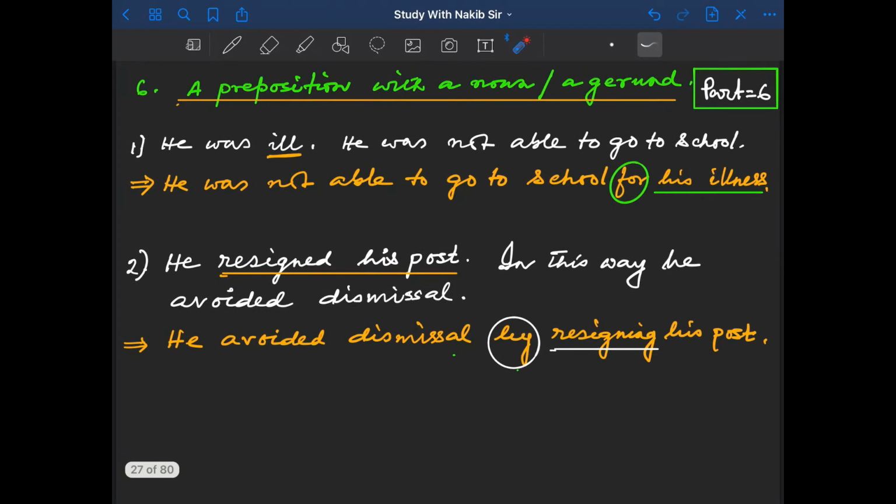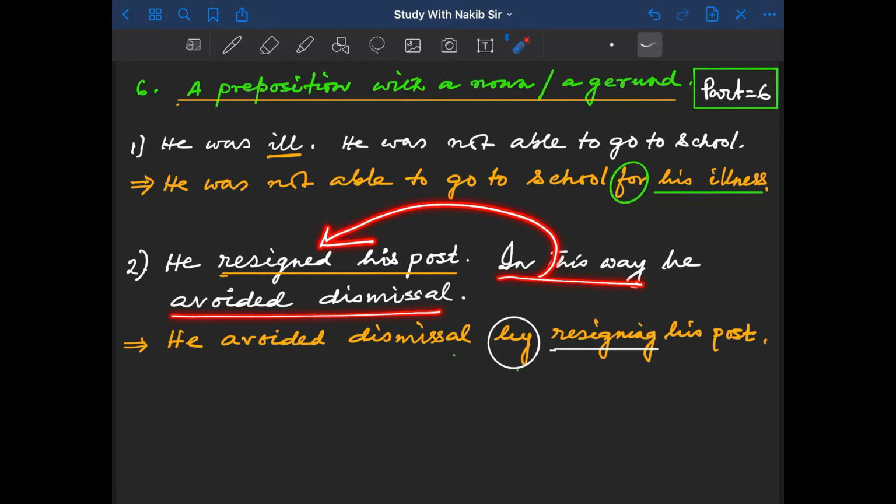Now go to the second example and see. He resigned his post. In this way, he avoided dismissal. In this way. In which way? This way. The way stated in the first sentence. Okay. So in this way, we'll write this part first. This is like an effect. So, he avoided dismissal.